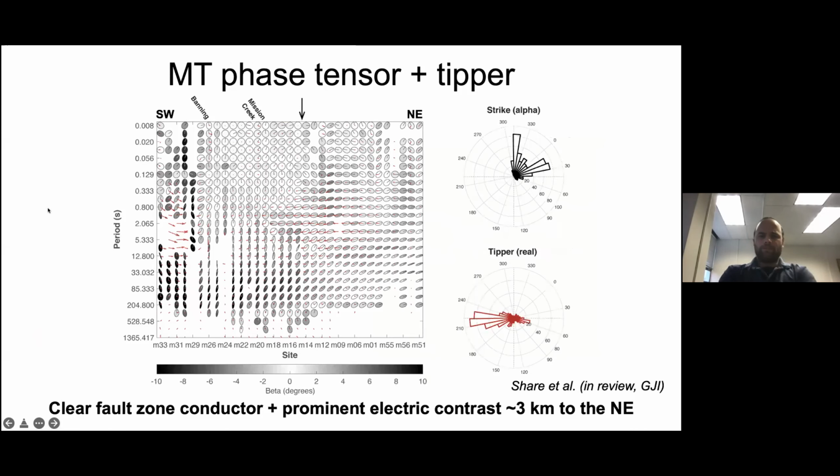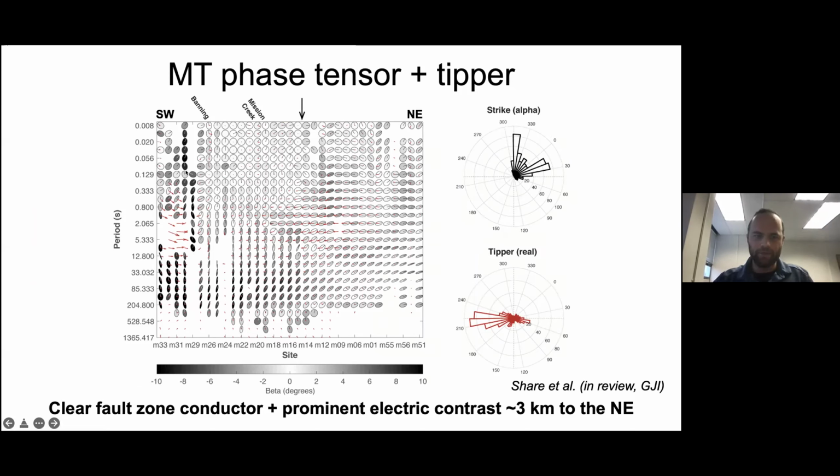And so just to briefly lay out what this model looks like, you don't have to be a specialist in this field to get the general trends in this data. What I'm showing you are tippers and phase tensor results. So what you're simply looking for is that the alignment of these ellipses and the direction of the arrows tell you the dimensionality of the structure and also where you might be encountering some prominent conductors along this fault zone.